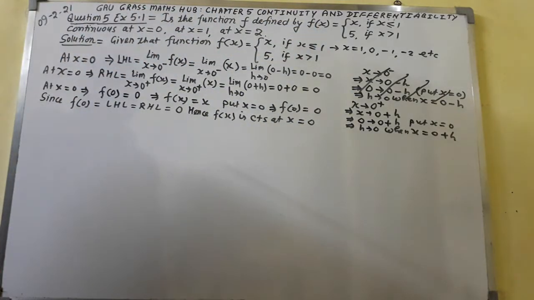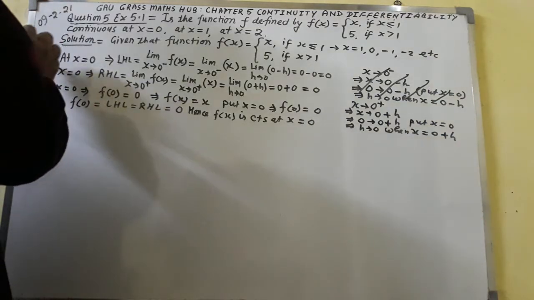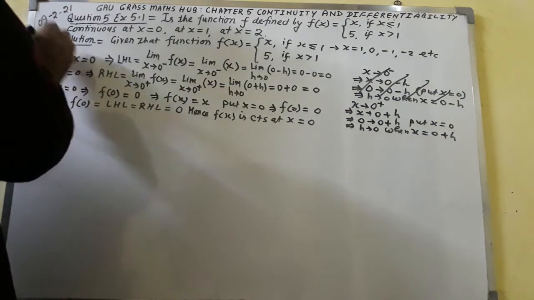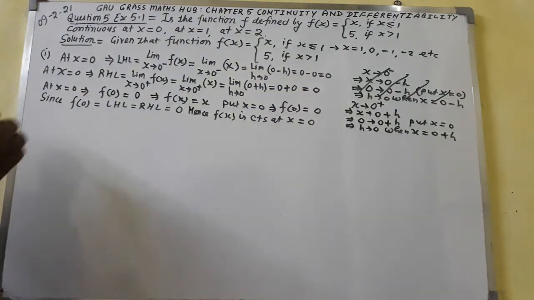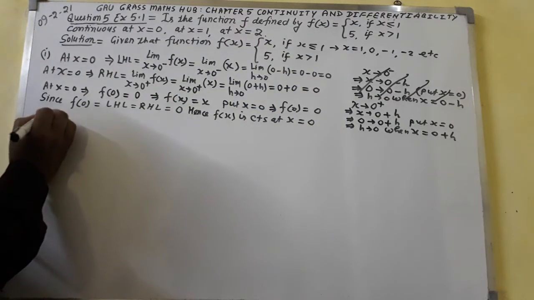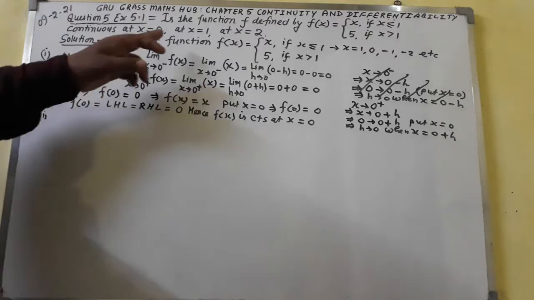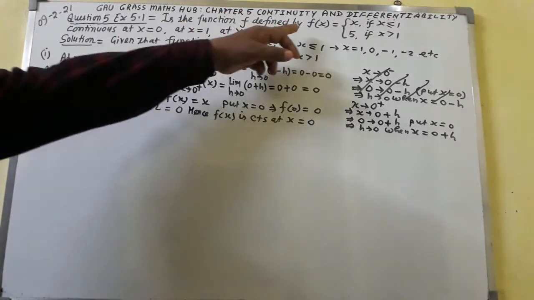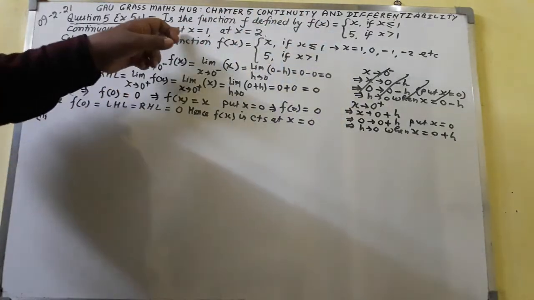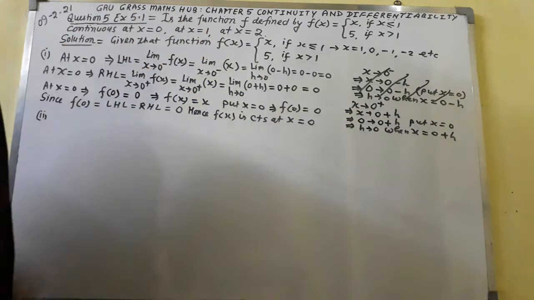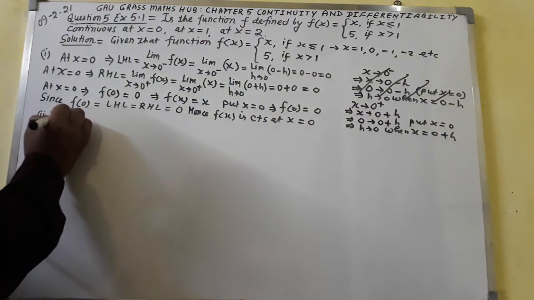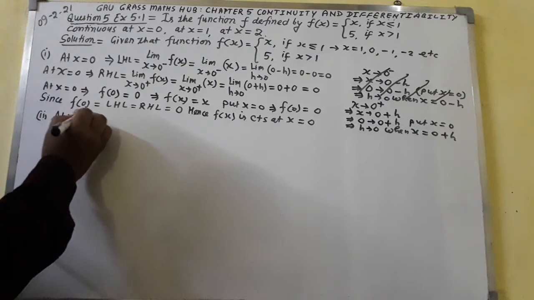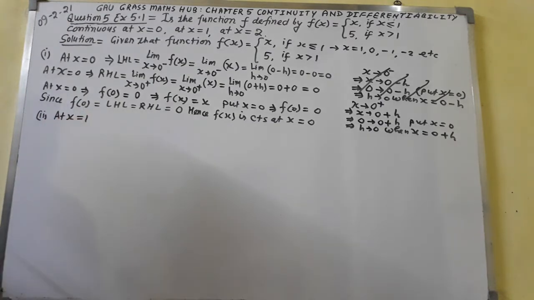I have shown this. Now I shall take the next point. You can mark here point number 1. Now I shall take point number 2. Here you have to show whether this function f of x is continuous at x equal to 1. So here I shall write at x equal to 1.